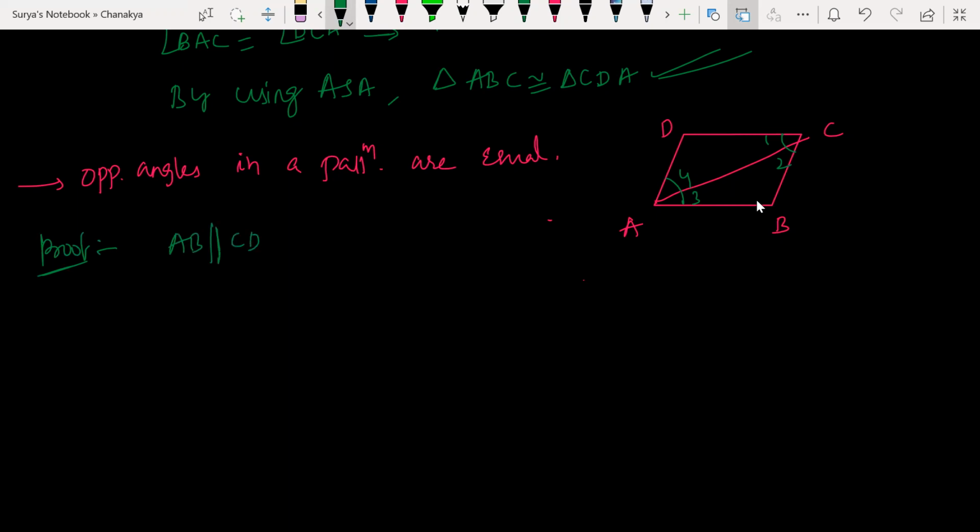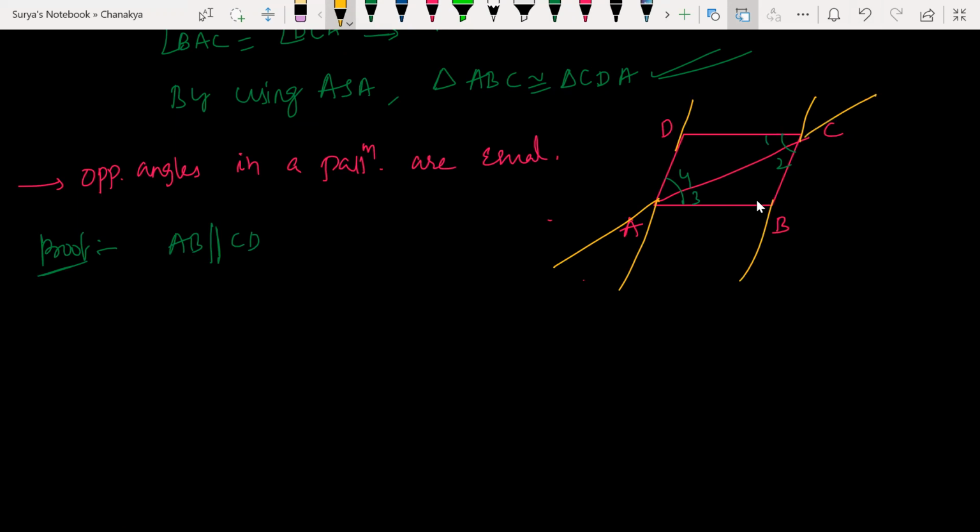Yes or no? If these two are parallel lines and I extend this one and this one, AC is going to be a transversal line now. Yes or no? Listen to me carefully here. Observe the things carefully. If these two are parallel lines, look at this.